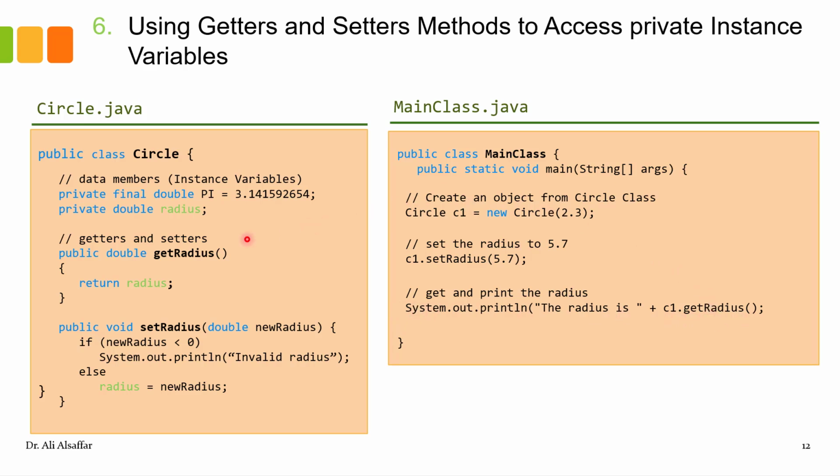We will go inside this method, and this method will return radius back, and the print will take this return value and print it outside. So this is for writing, and this is for reading. Now if you don't want to change the value of radius after you create the object, simply do not define setRadius. Only define getRadius if you want to show the current radius inside the object.